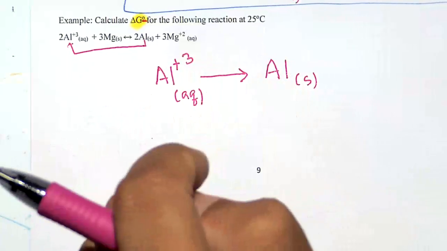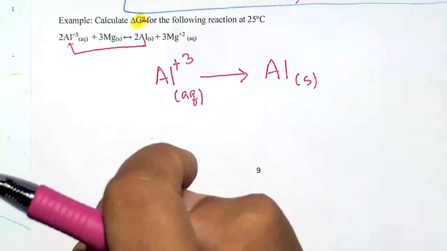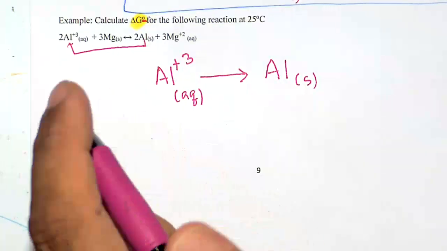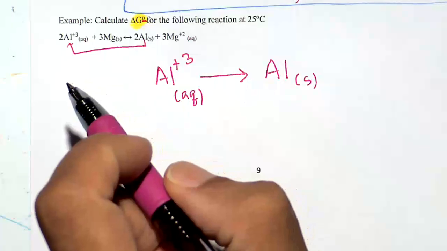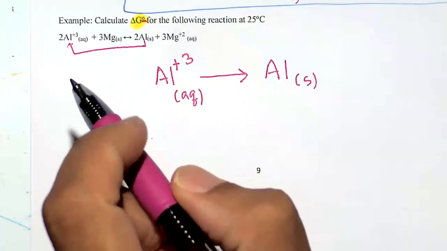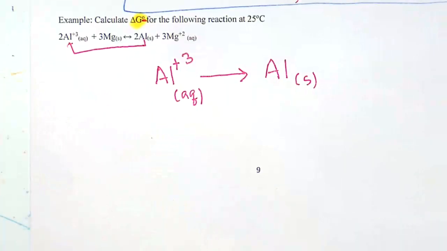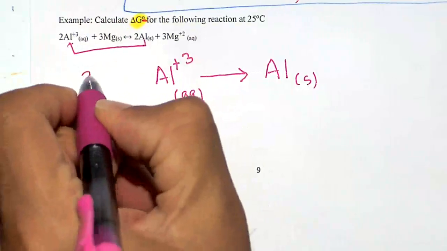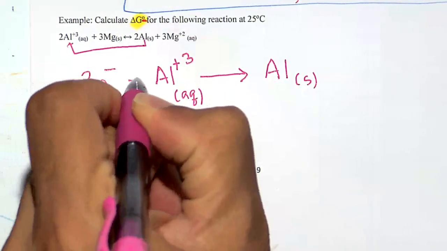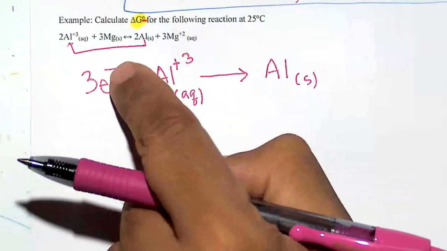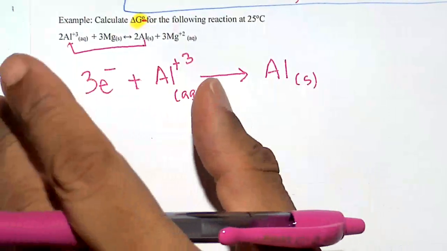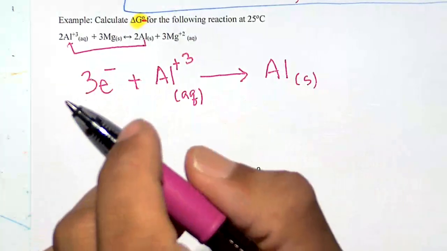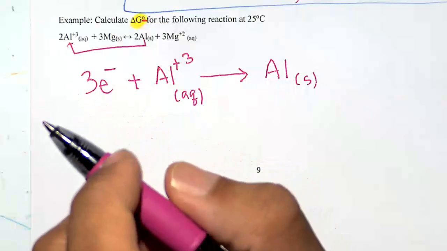We have 1 Al and 1 Al, so the aluminum Al is balanced. But what do we need to do in terms of charge balance? How many electrons and where? 3 on the reactant. Okay, 3 electrons on the reactant side. Okay, so minus 3 plus 3 will make it 0 on the reactant side, 0 on the product side.